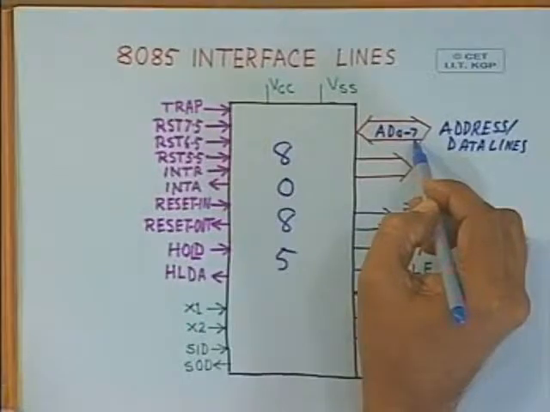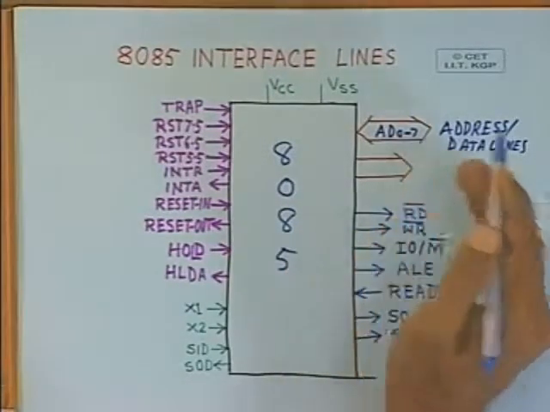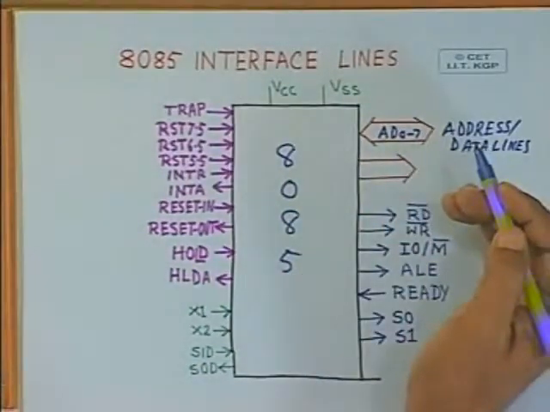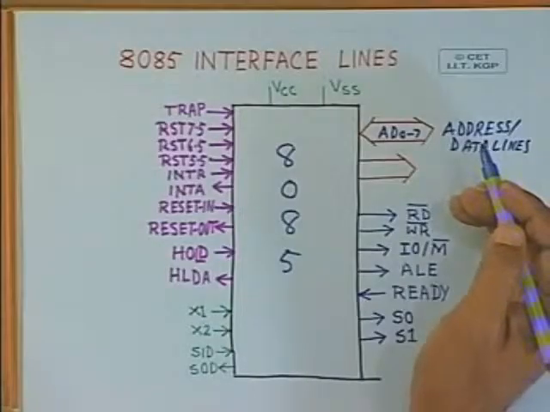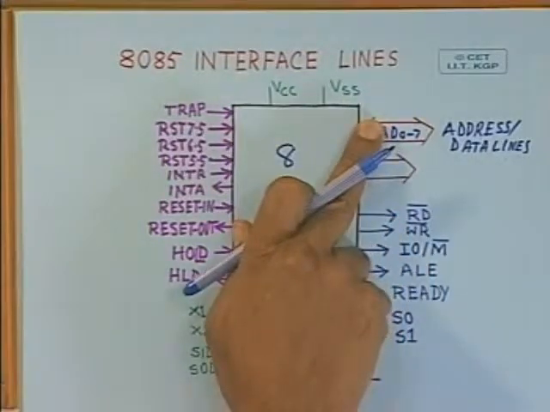Here are those lines. AD stands for address and data. That means same lines are used to generate address, same lines are used for receiving data or transferring data to or from the outside world, memory and input output devices. And so D0 to 7 is the data lines, it is available here.